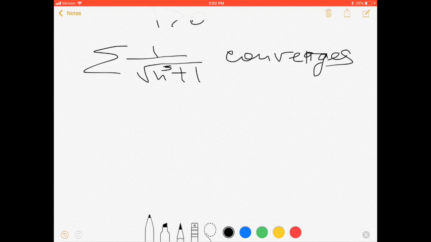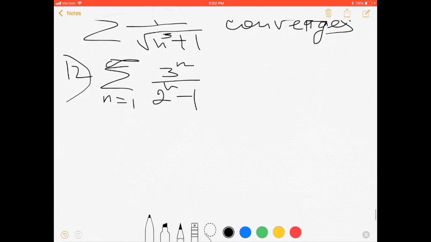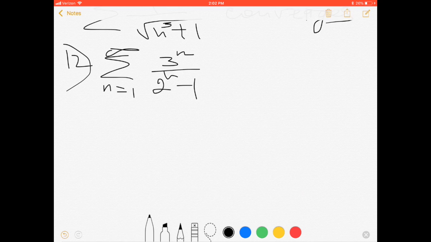I'm doing the last one for this theorem. It's number 12. Let's go. We have the series where n starts from 1 to infinity, 3 to the power n over 2 to the power n minus 1. Build a second series.